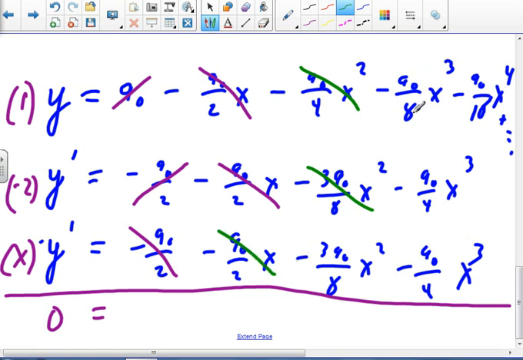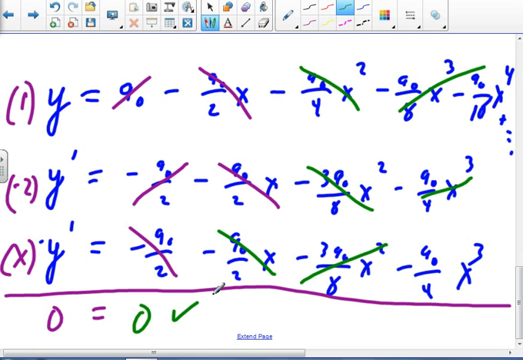I got minus an 1/8, minus another, minus a half, plus a half. I got minus an 1/8 plus a half for plus 3/8 a0 x cubed, and then I got minus a0 x cubed. Those guys go away.